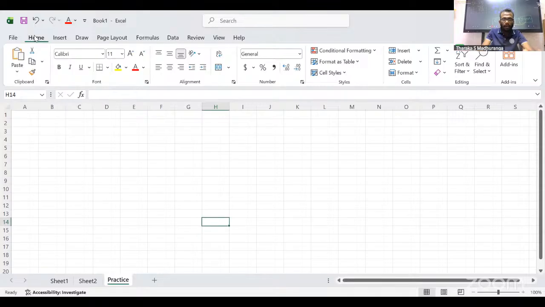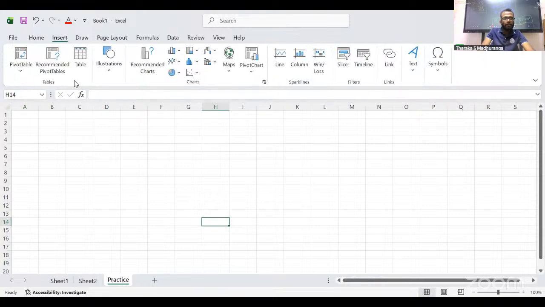Each tab contains tools. In the home tab there are font related tools, alignment related tools, number related tools and everything, right? They are tools.